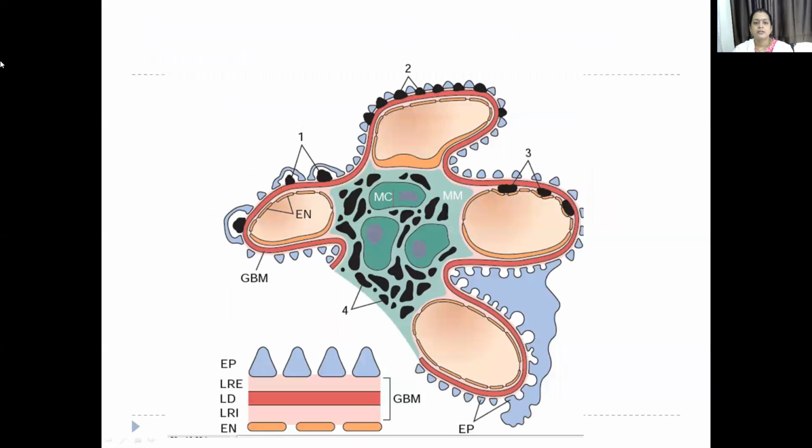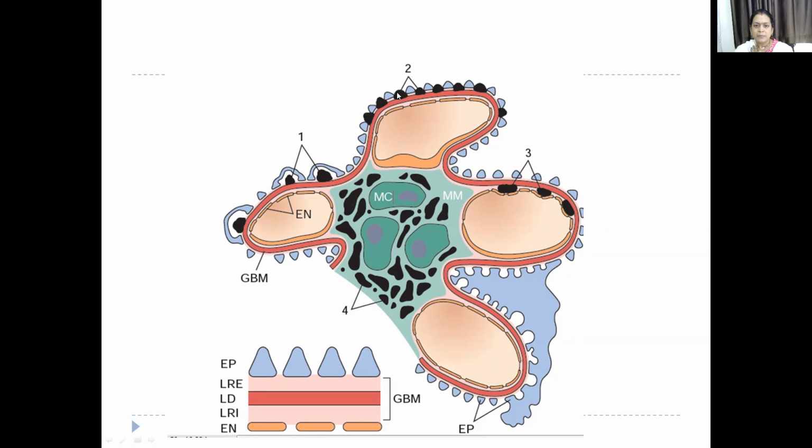So there is complement activation and then recruitment of all these cells. Okay, here there is a diagram. What do all these cells do? They form the complexes again. Here you are seeing the mesangial deposits, which are seen in IgA nephropathy. Here is the basement membrane and this is the endothelium, so these are subendothelial deposits. Here you are seeing the epimembranous deposits.